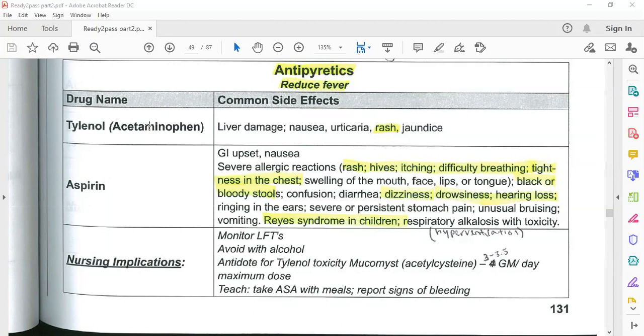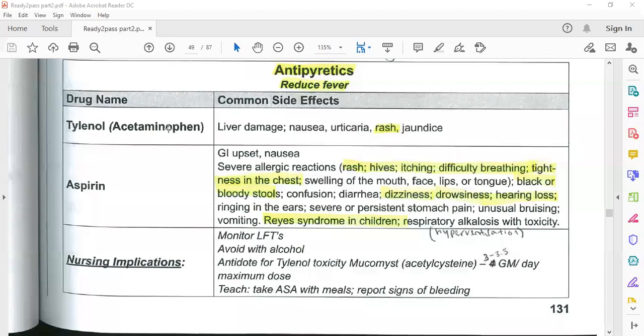Sometimes a patient comes to you with arthritis, meaning joint pain because of gout or rheumatoid disease. At those times acetaminophen can reduce the inflammation, right? Inflammation.